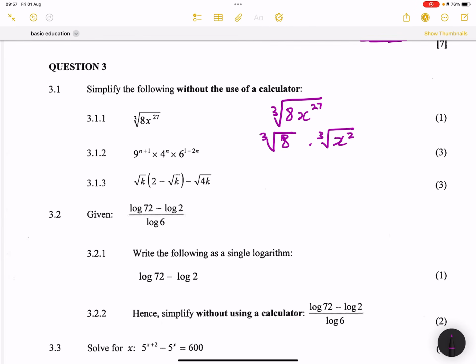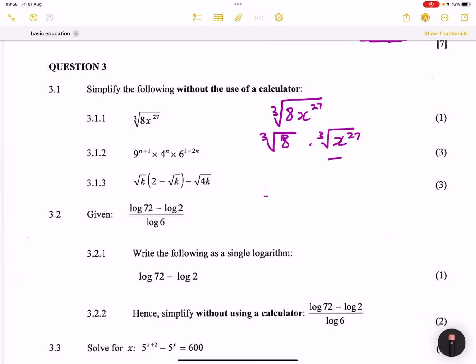Right, cube root of 8 is 2, and the cube root of x to the power 27, you can look at it as x to the power 27 over 3. So in this case, that's going to be 2x, and 27 divided by 3 gives us 9, so that's 2x to the exponent of 9. Right, so that's the simplified version.